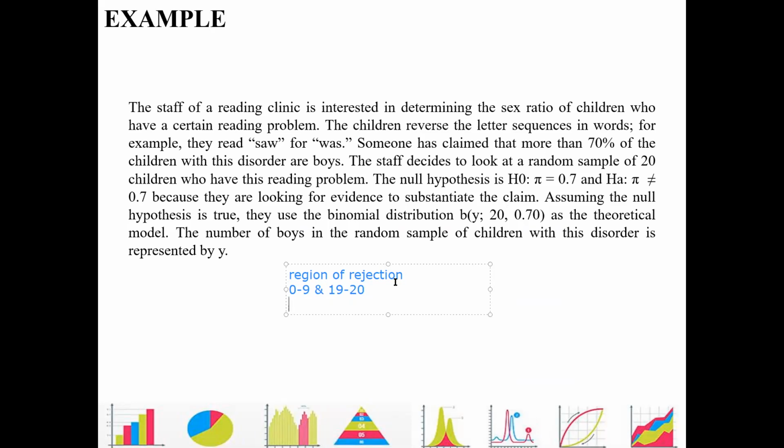Now, if the resultant is 11, ano ang magiging conclusion natin? If dun sa 20 na kinuha niya, ang lumabas na result na lalaki ay merong problema sa reading is 11, anong ating magiging conclusion? Accept the null hypothesis po.